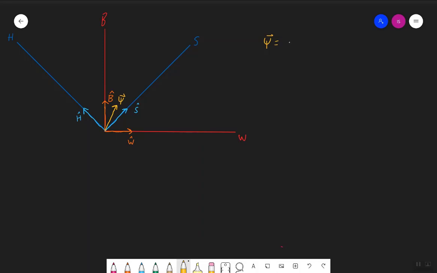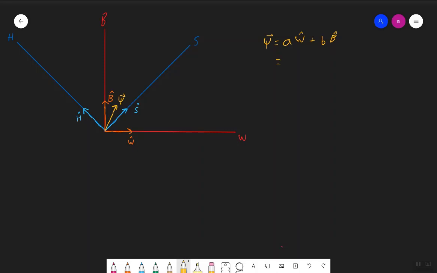We can write this psi as some constant a, or some scalar a, times the white unit vector plus b times the black unit vector. Again, hopefully you realize hats represent unit vectors. Then psi is also going to be a unit vector, but right now for full generality, any vector can be written in this way.